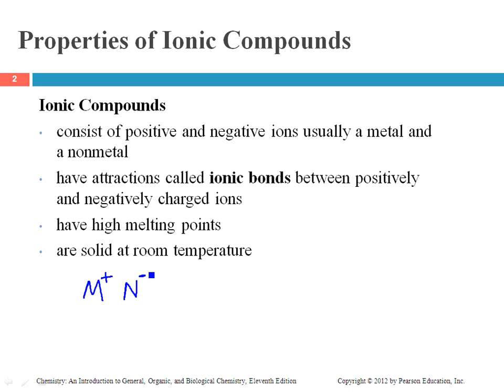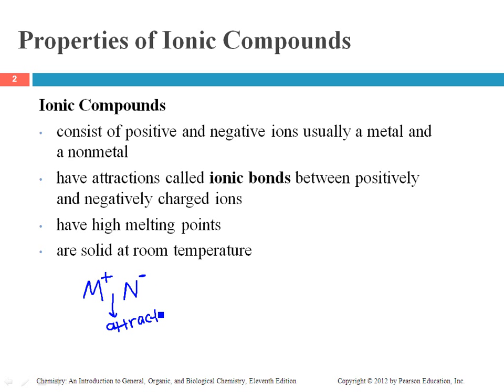If you think about a magnet, if you have the negative ends toward each other, or the positive ends of two magnets toward each other, they're going to repel. However, if you have opposite charges, a positive and a negative charge, they're going to attract. So you can think of this as opposites attract.